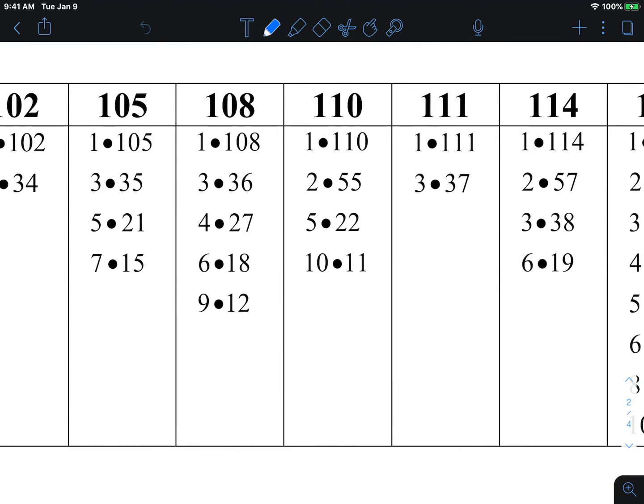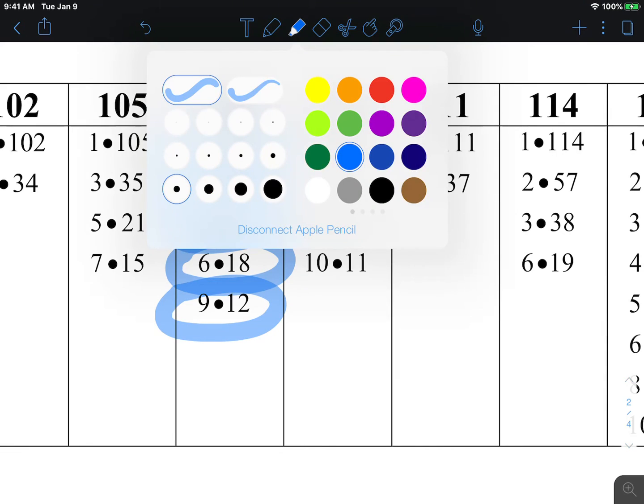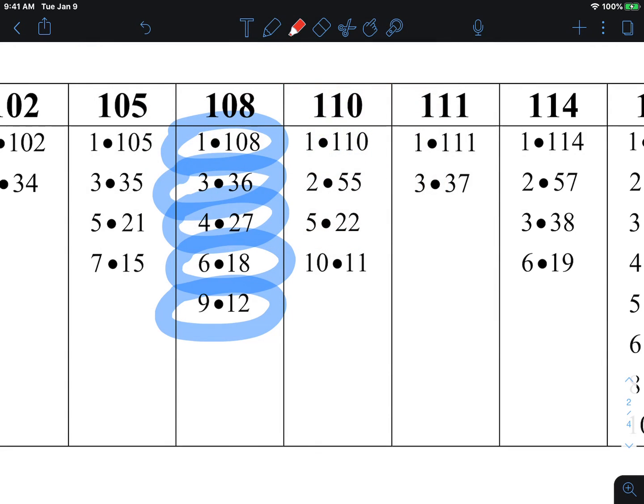And it's got several factors there. So it's got 1 times 108. That's really not going to help me, though. I don't want to leave it square root of 108. All right. Then I've got 3 and 36, 4 and 27, 6 and 18, 9 and 12. But what I want to look for, though, specifically, were those perfect squares.